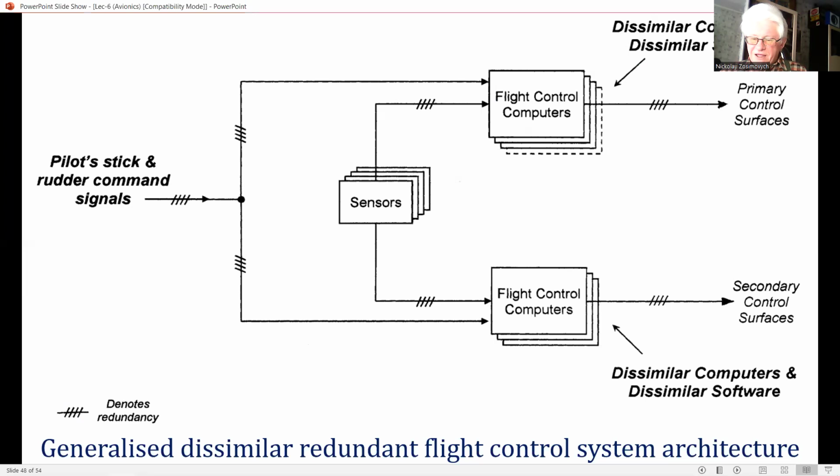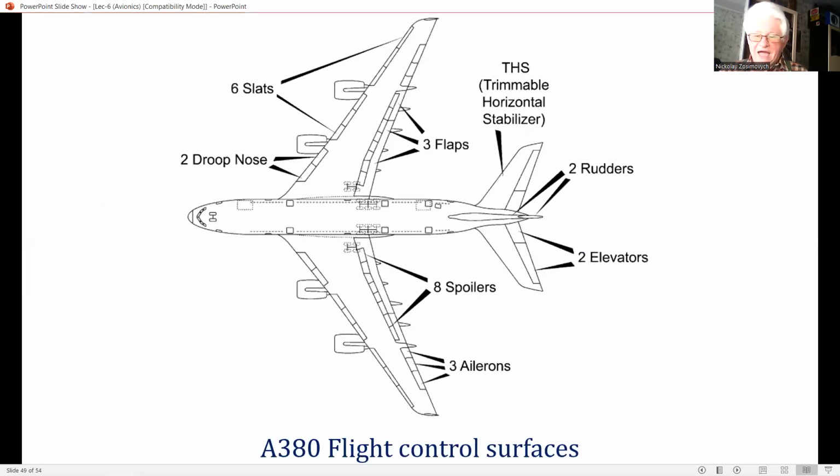And this figure shows the flight control surfaces of an Airbus A380 airliner. Roll control is provided on each wing by three ailerons, complemented by outboard spoilers. Pitch control is provided by the trimmable horizontal stabilizer, THS, and four elevators hinged on the THS.